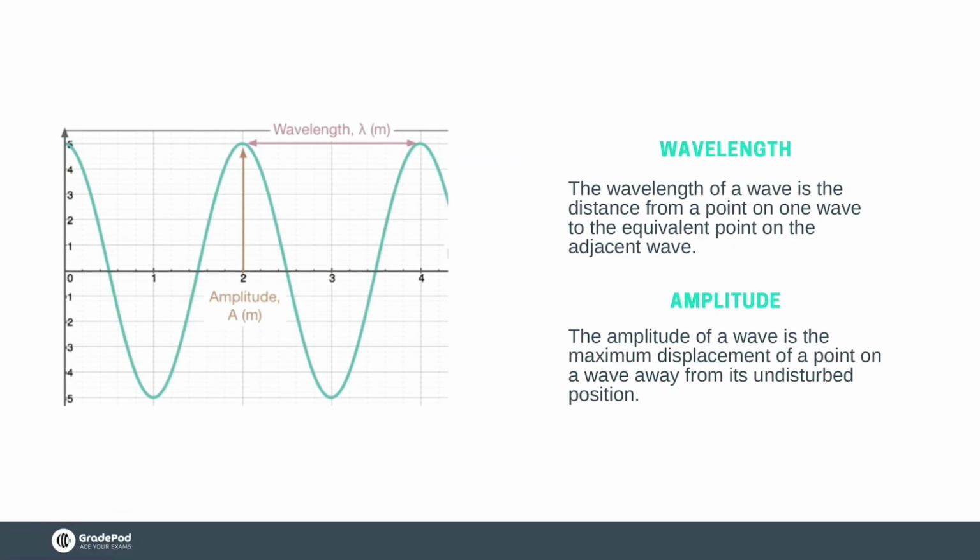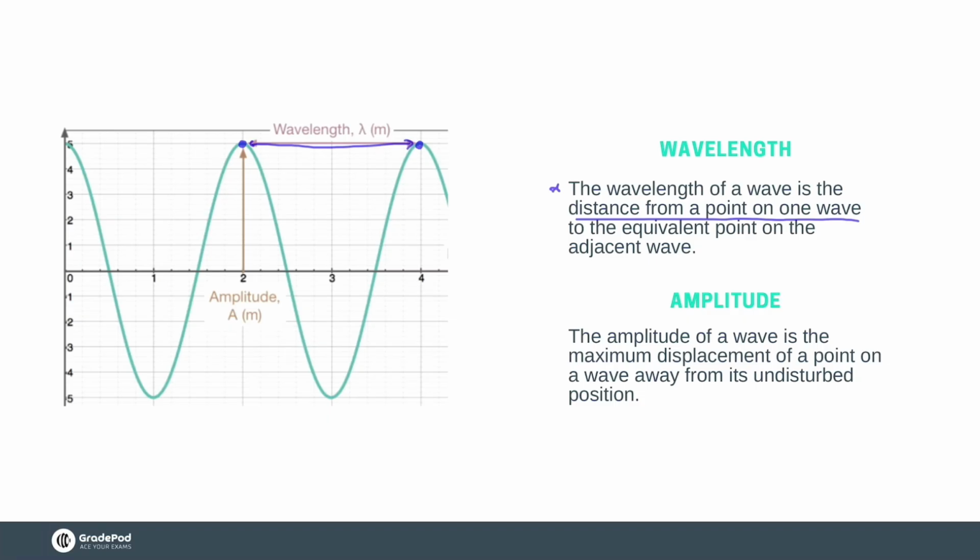Here's a common type of diagram or graph that represents a wave. The wavelength, and we can see that here, my wiggly line, is the distance from one point on one wave, so this point here, to the equivalent point on the adjacent wave or the next wave.